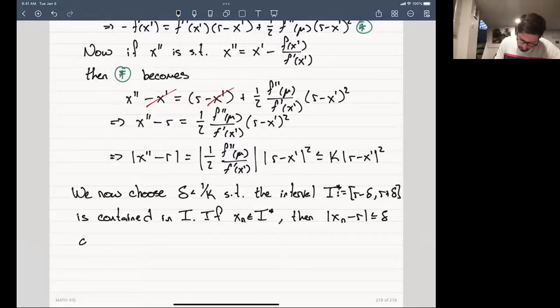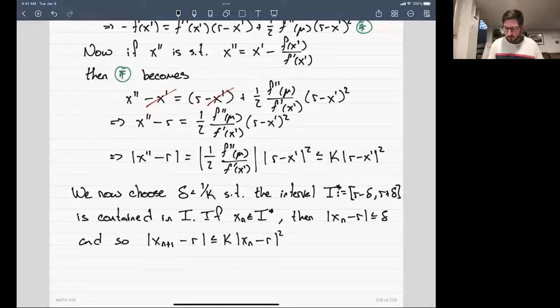And then the next update, we already proved that this is going to be k times the original distance squared, which is less than or equal to k times delta squared, which, since delta is less than 1 over k, becomes less than delta.